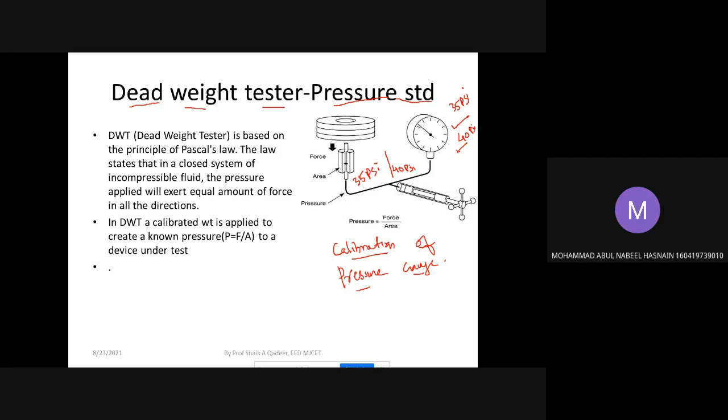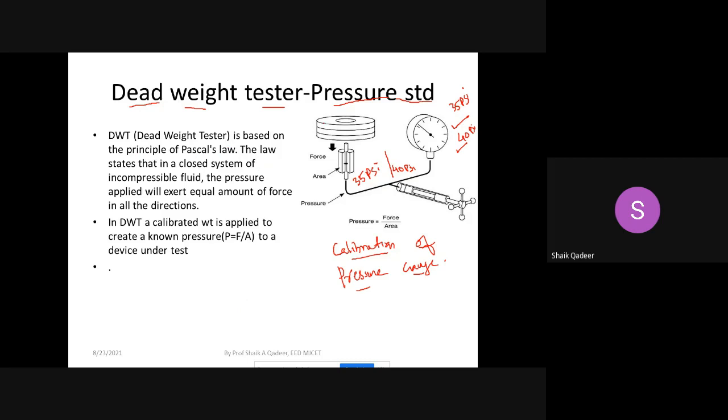Yes, sir. So what is the requirement over here? We have this gauge which we want to test. The requirement is, we need to create a mechanism which creates ideal pressure, right? Or perfect pressure or standard pressure. So for that we use a setup called a deadweight tester. The deadweight tester setup is based on Pascal's law.